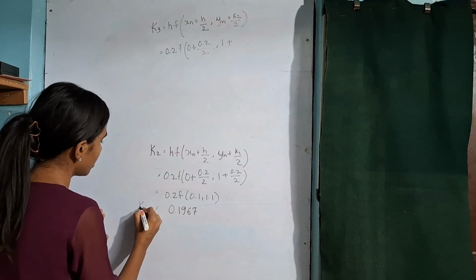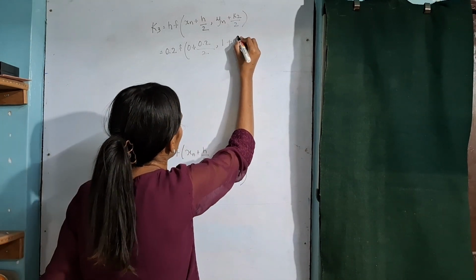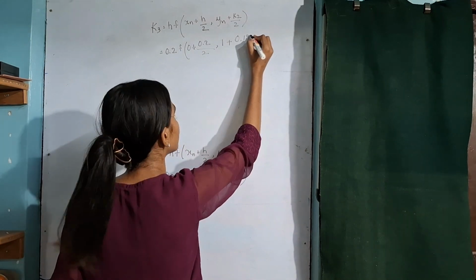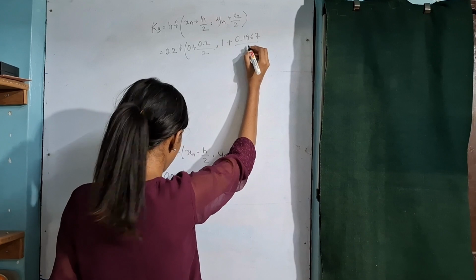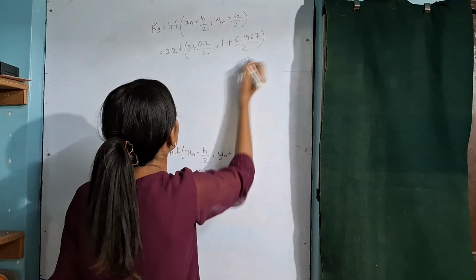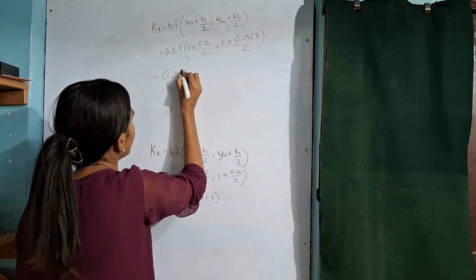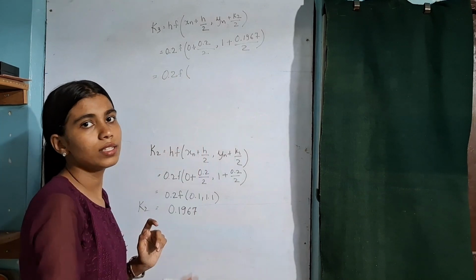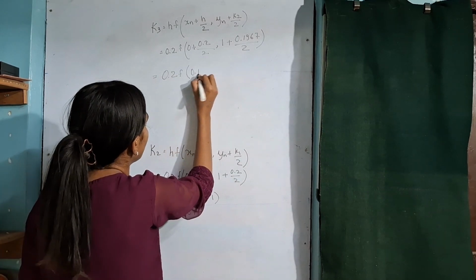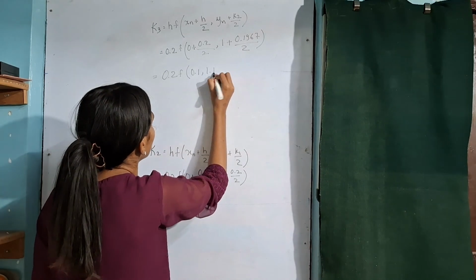K2 value we found here itself, it's 0.1967 divided by 2. If you simplify this by putting it in your calculator, you get the value for this as 0.1 and for this it is 1.1.